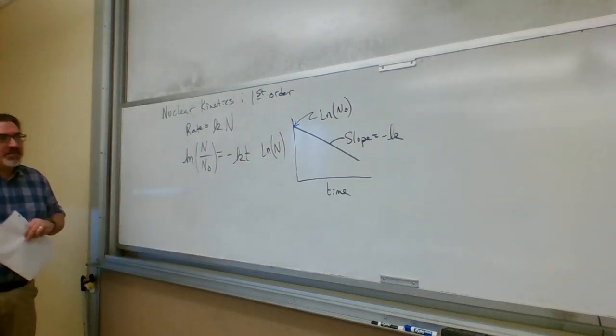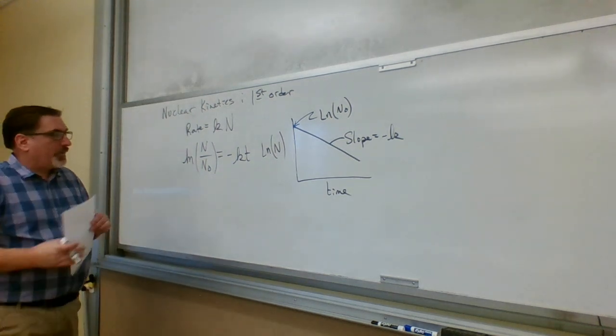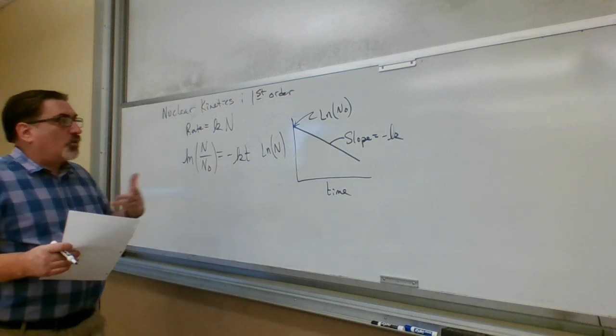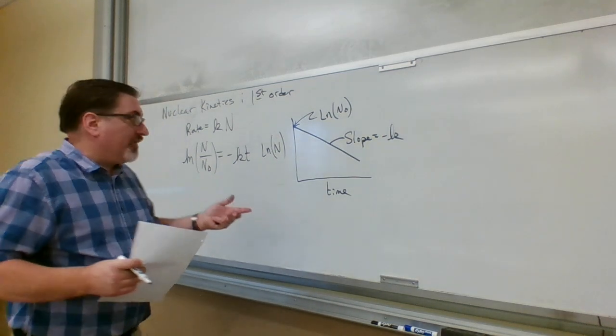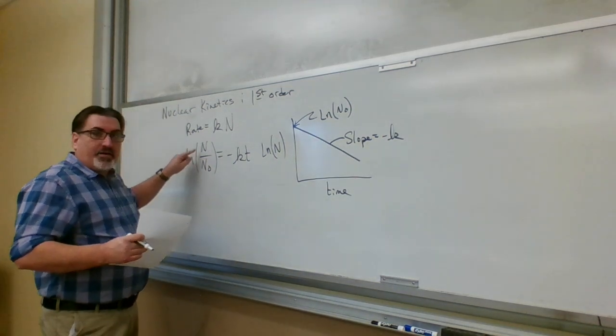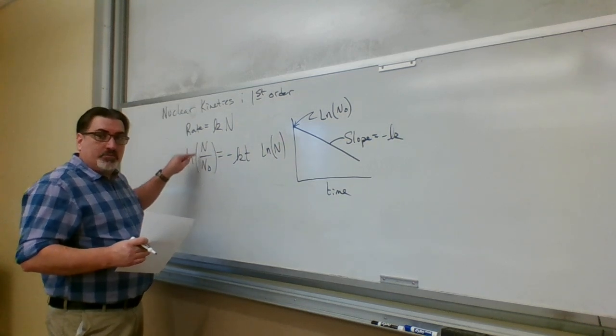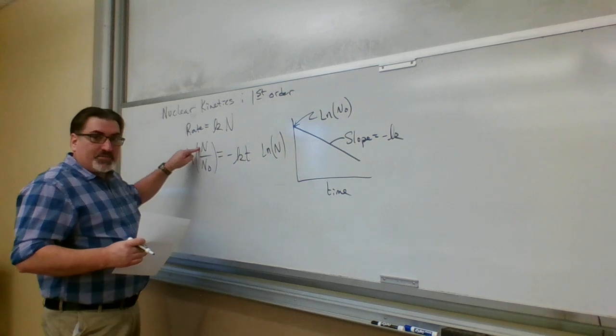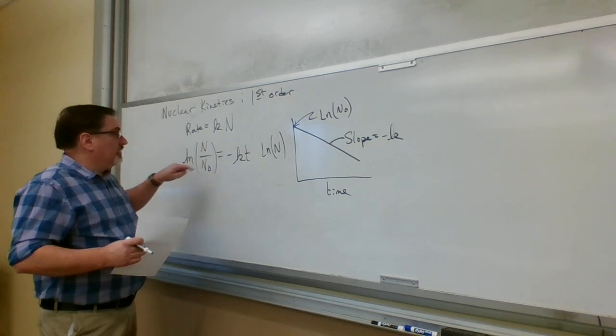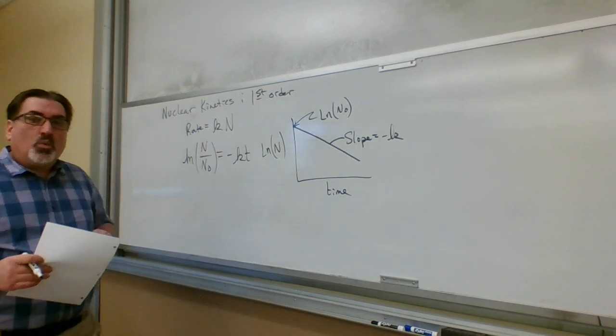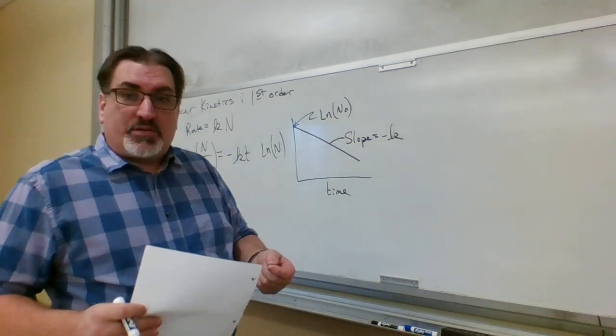And the y-intercept is the natural log of N0. So we can plug in to this kind of equation with concentrations, molarities here. We can plug in with numbers of atoms. 10,000 atoms up here, 20,000 atoms here. That works. We can also plug in percentages.